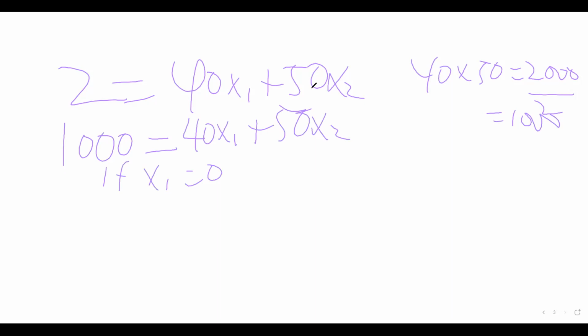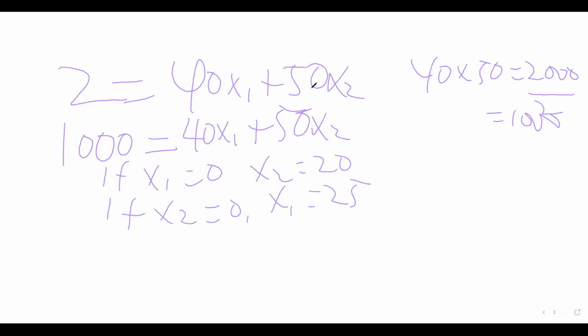So if x1 is 0, x2 is 20. And once again, if x2 is 0, then x1 is what? 1,000 divided by 40, and that will give you 25.